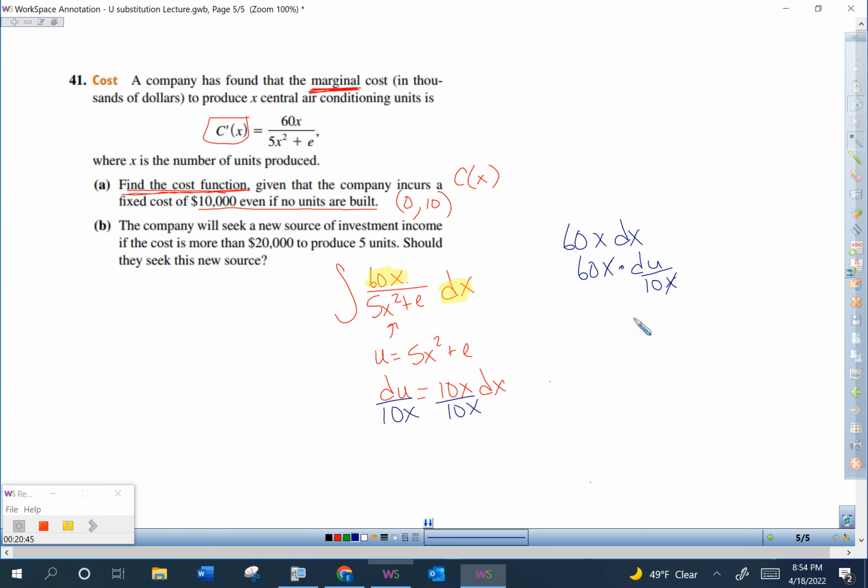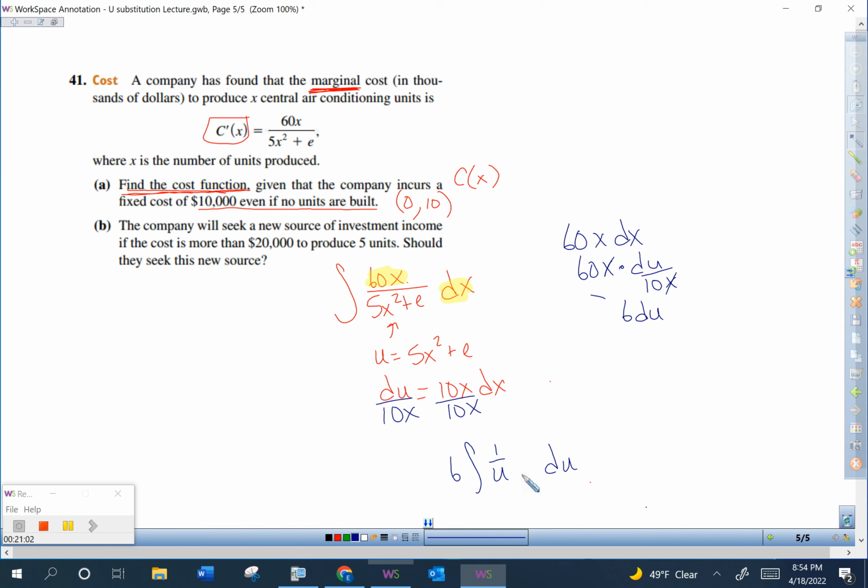And there's 60 divided by 10 is 6 du. Tells you the same thing. Okay, so 6 goes out, du goes to the side, and let's deal with this thing. Okay, so here's our u value that we substituted. It's on the bottom, so that's 1 over u.